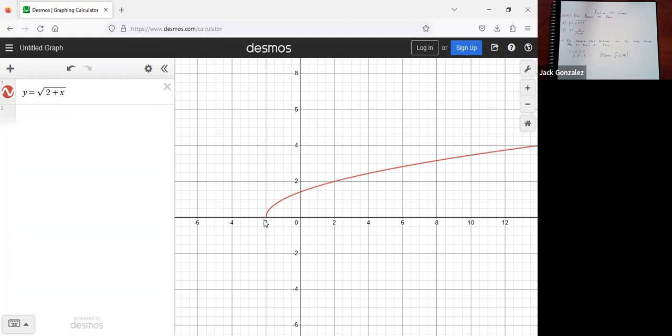So -2 all the way to infinity is the domain. Lowest point is 0 and it shoots up forever. So 0 to infinity would be your range. That's pretty much it though. But the domain would be -2 to infinity, correct? All right.